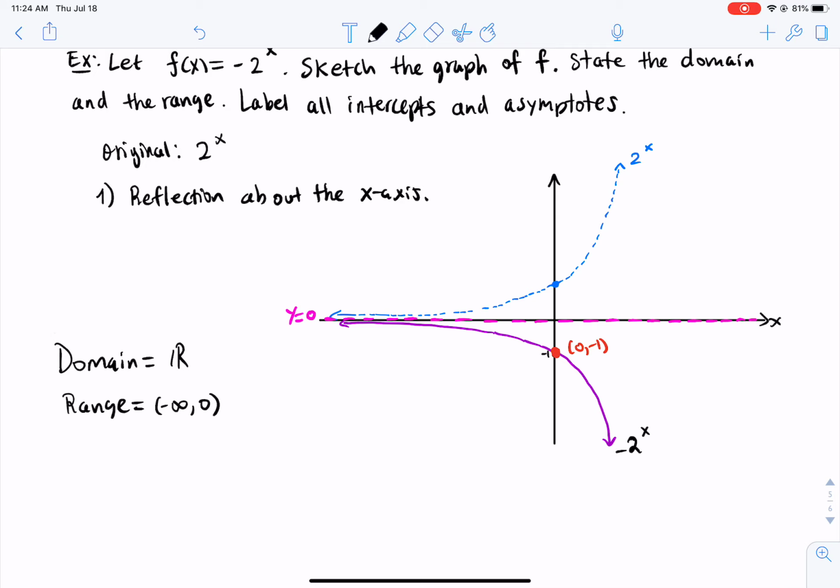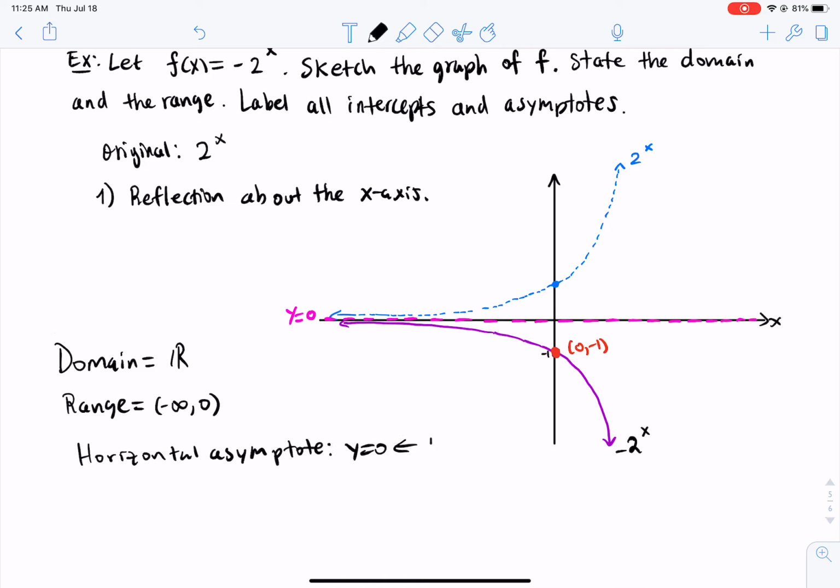It won't cross the x-axis, so it won't create a 0. You get as close as possible to 0, but you're getting closer and closer to 0 from underneath, from -infinity. So the horizontal asymptote is y equals 0. This will be the line y equals 0.